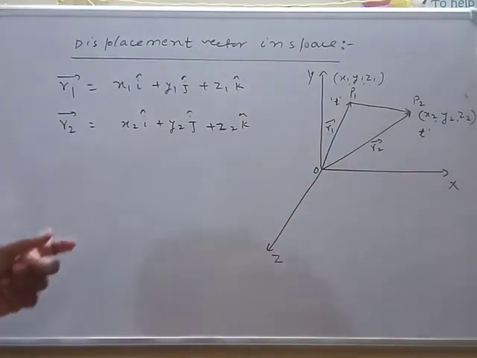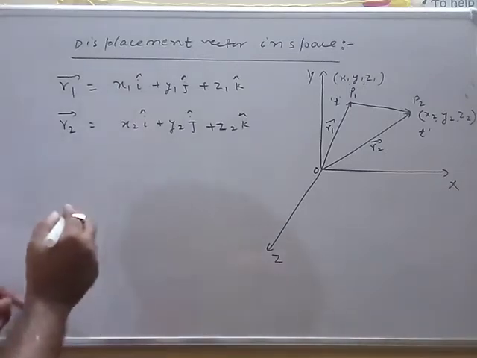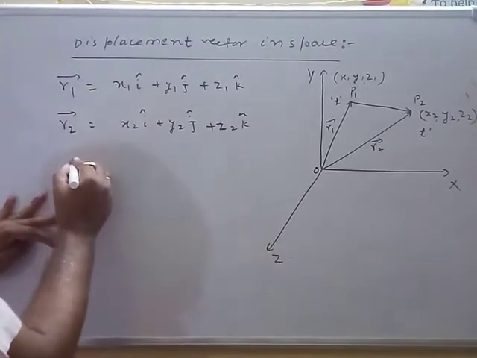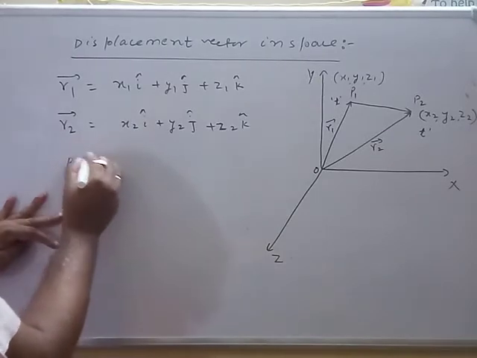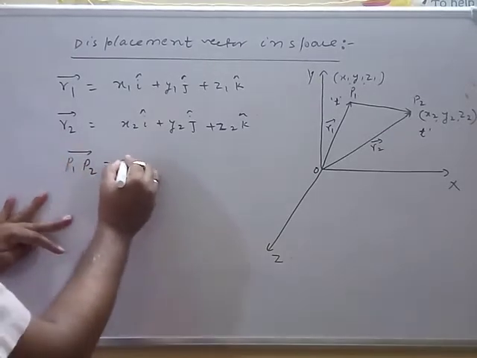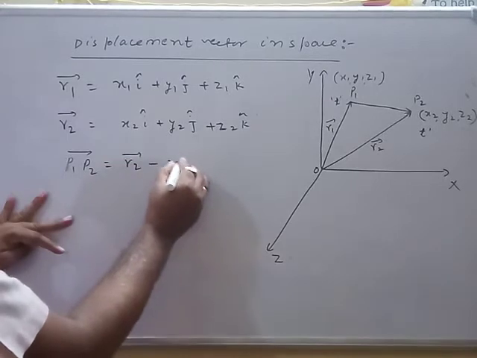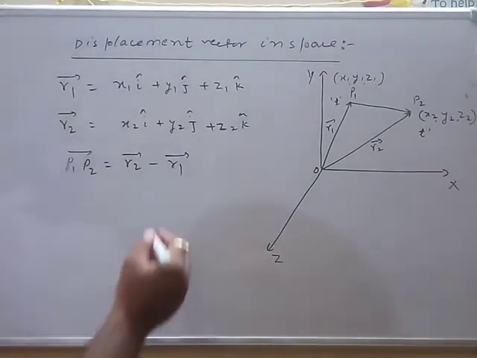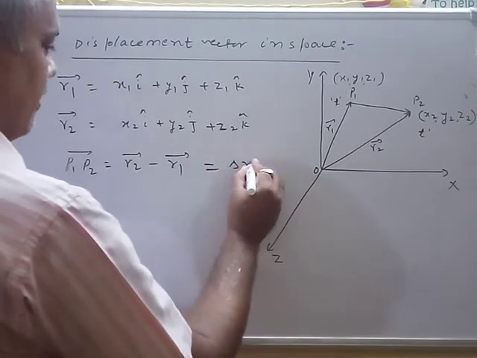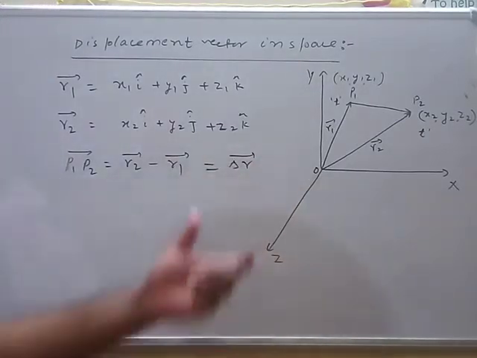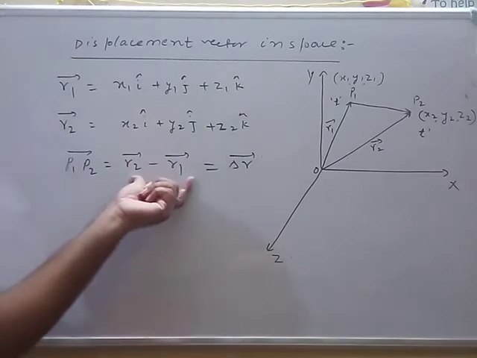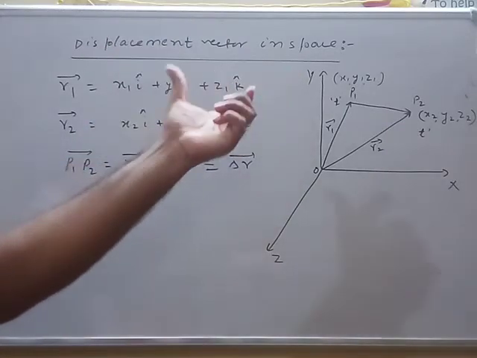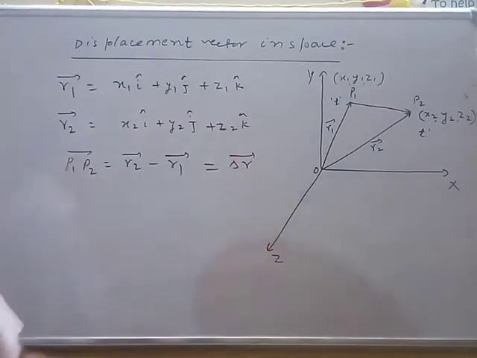The displacement vector P1P2 during time interval t dash minus t is given by P1P2 equal to r2 minus r1. It is change in position. Let it be represented as delta r.